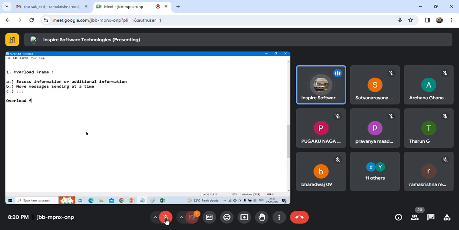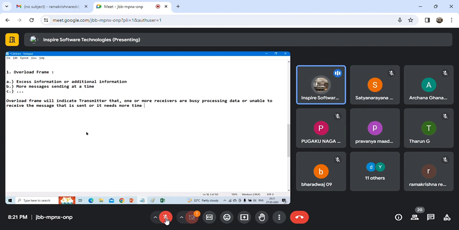So the overload frame will indicate to the transmitter that one or more receivers are busy processing data, are unable to receive the message that is sent, or need more time to process the message received.